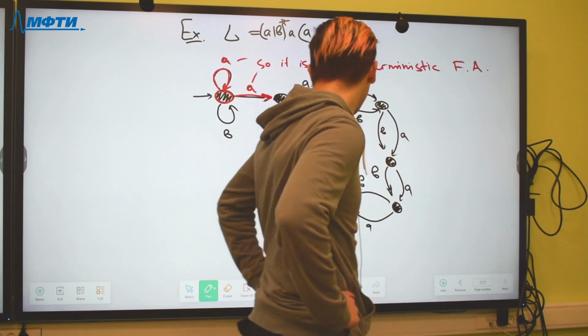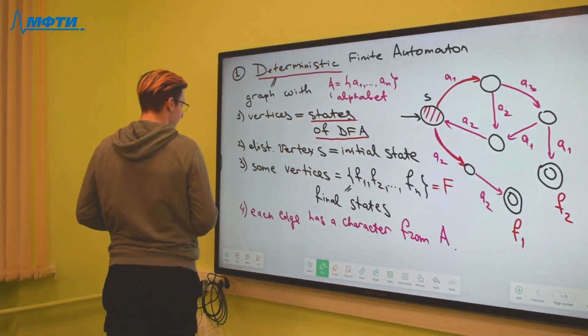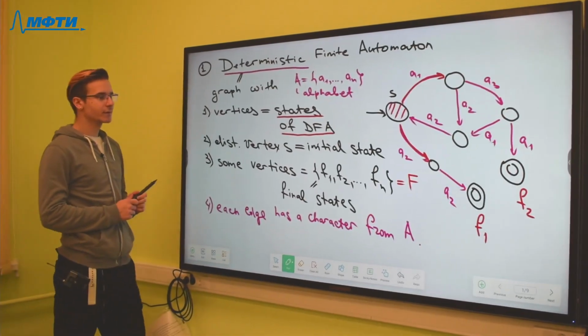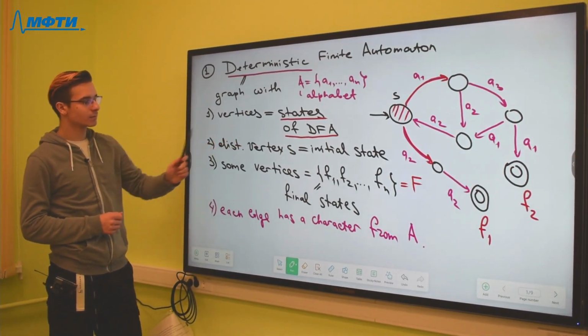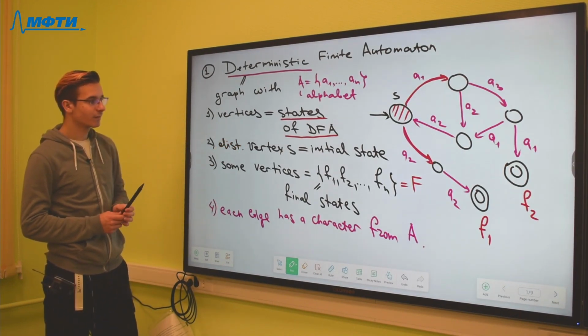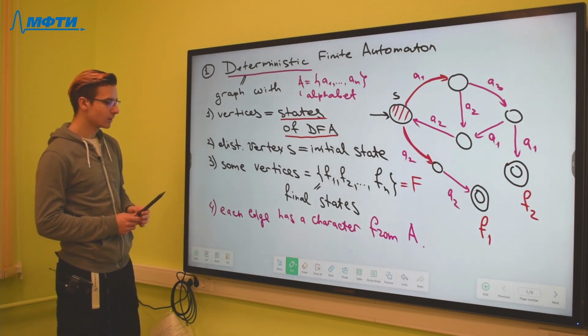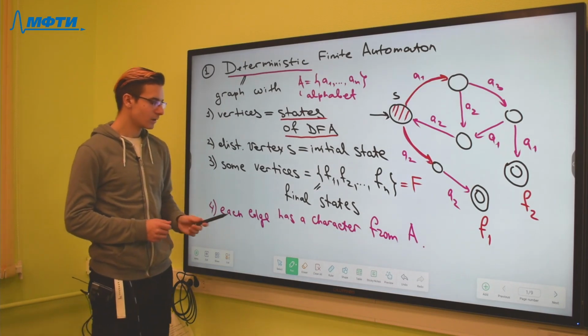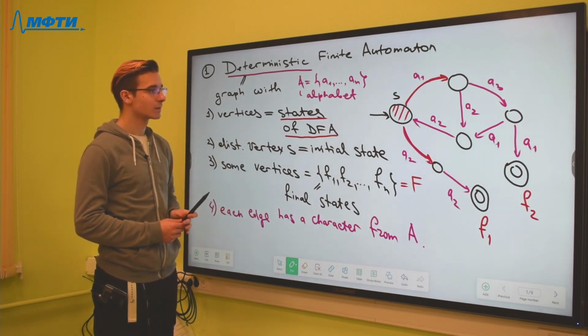Okay, we return to the first part of the lecture. What is a finite automaton? It is the states, that is the vertices of the graph, and edges that have characters from the alphabet.